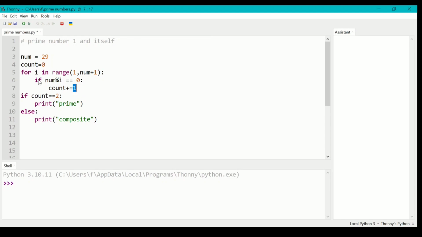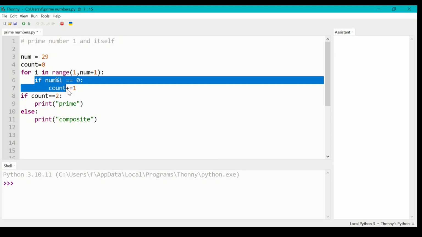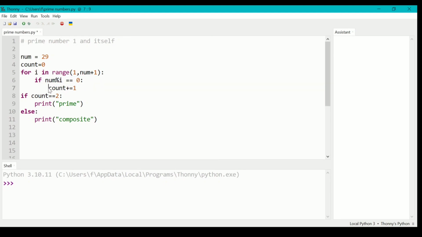After that it won't be divisible by any other number in the series, and it is exactly divisible by 29 and gets 0, satisfies the if condition, goes into the if block and increases the count again, making count 2.